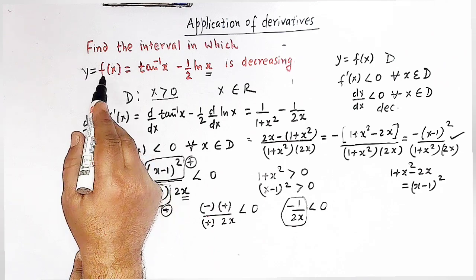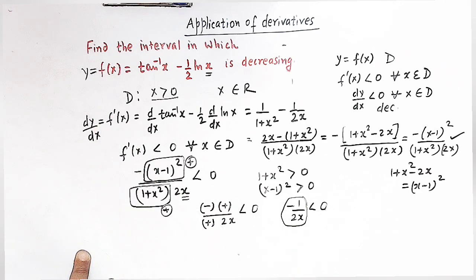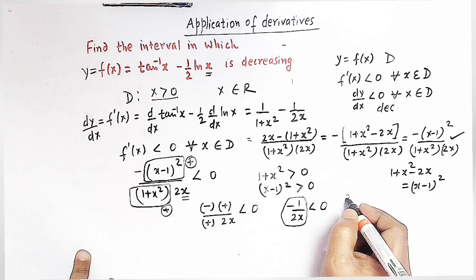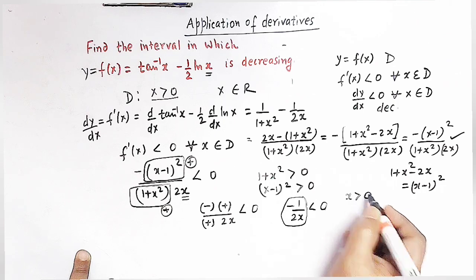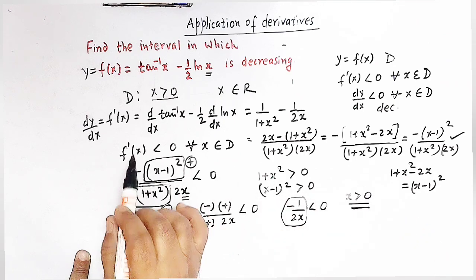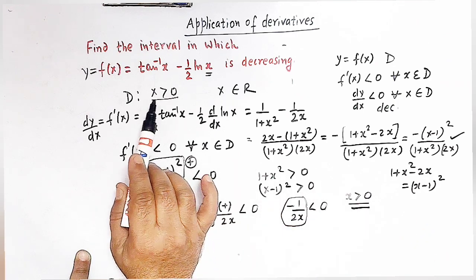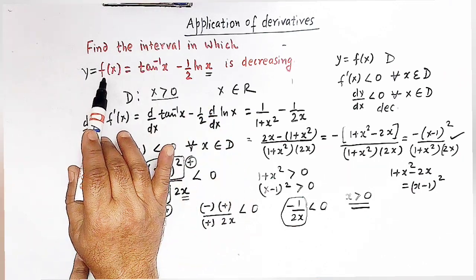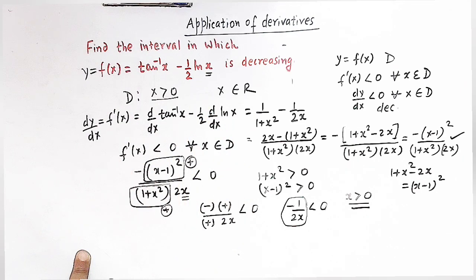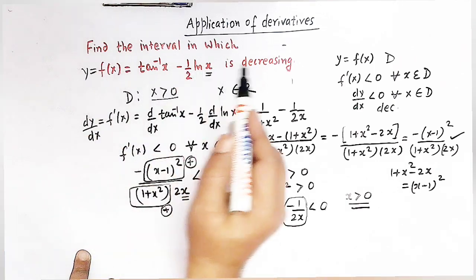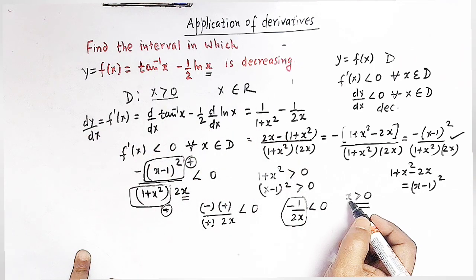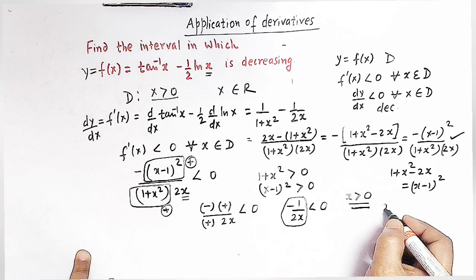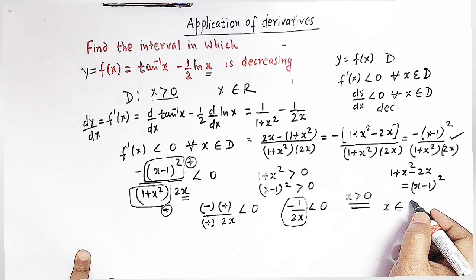So this function f of x is a decreasing function when x is greater than 0, and we can see that x greater than 0 also constitutes the domain of the function. So f of x is a decreasing function whenever x is greater than 0, or x belongs to the interval 0 to infinity.